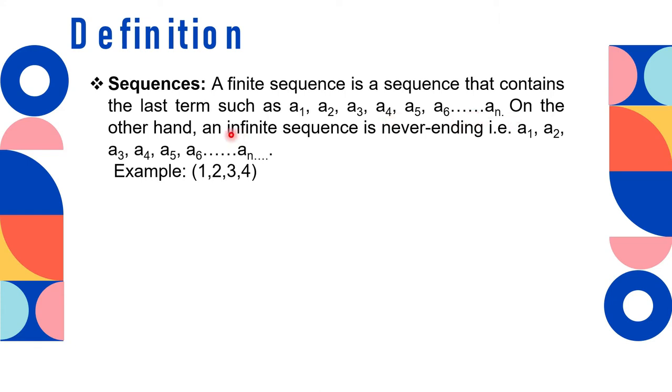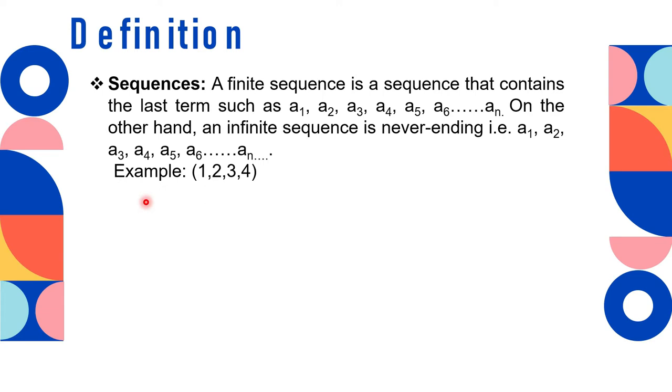On the other hand, an infinite sequence is never-ending, i.e., A1, A2, A3, and so on, continuing up to An and beyond.